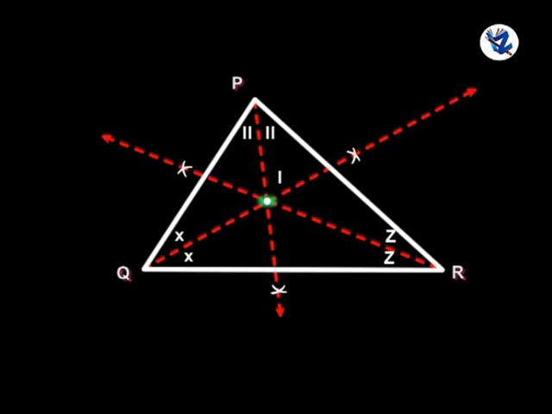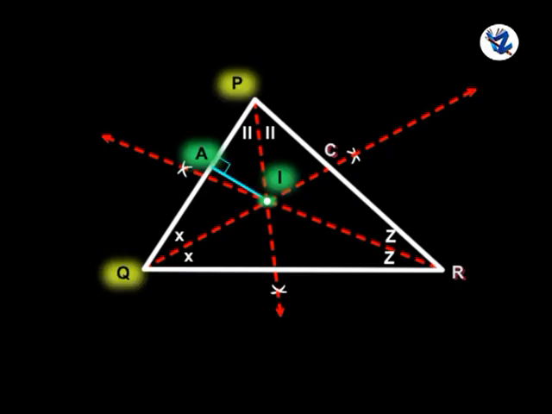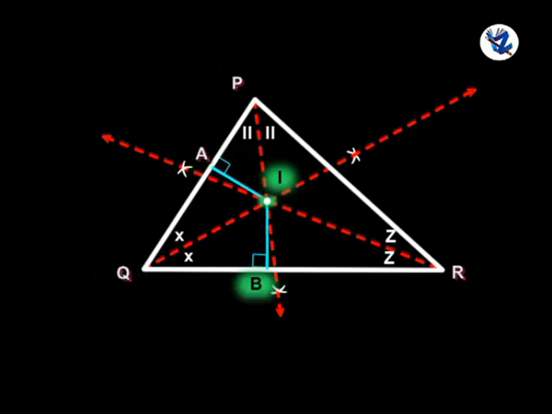Now draw the perpendicular IA on side PQ. Draw the perpendicular IB on side QR. And draw the perpendicular IC on side PR. Measure the lengths of these perpendiculars. What do you find?